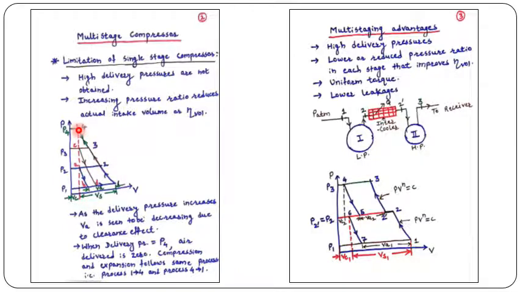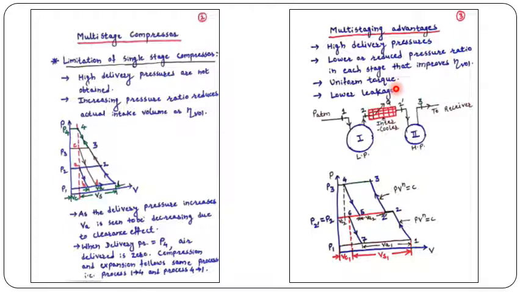This is one of the important limitations or constraints of the single stage compressor, because you have a fixed clearance and that clearance effect will come into play and affect the volume which is sucked in. So, at P4 you will not have any delivery of air to the receiver. So, there comes the role of multi-staging.